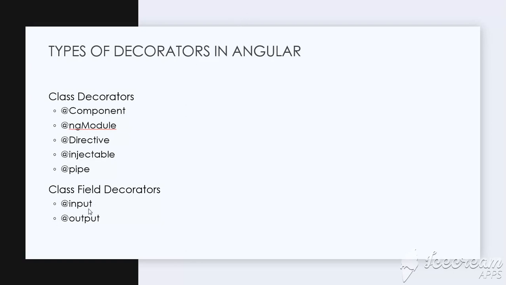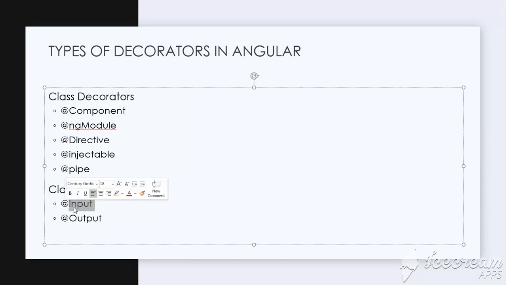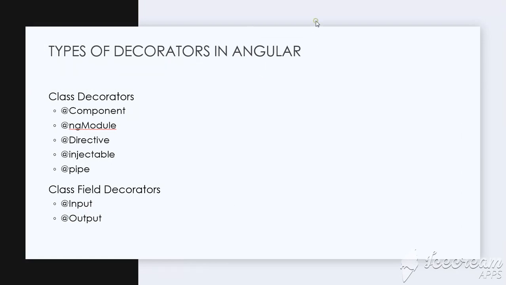You use this @Input decorator if you want to receive data from a parent component to a child component. But you use @Output decorator if you want to send data from a child to a parent component.